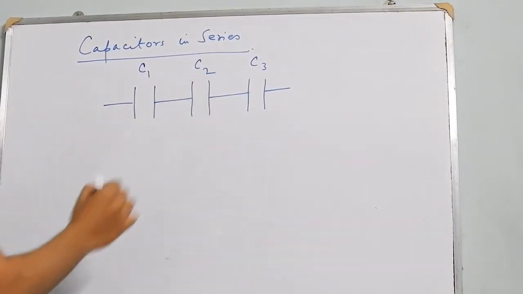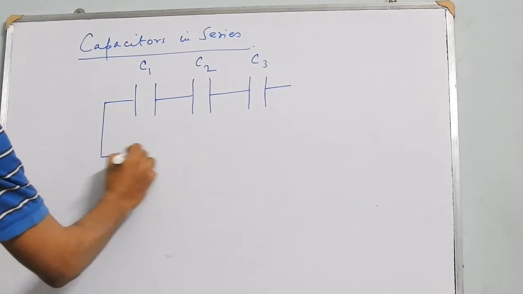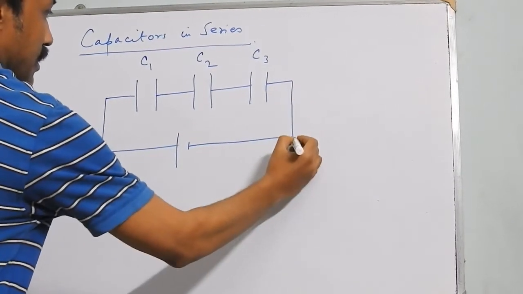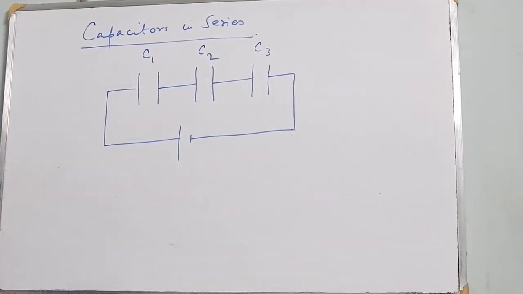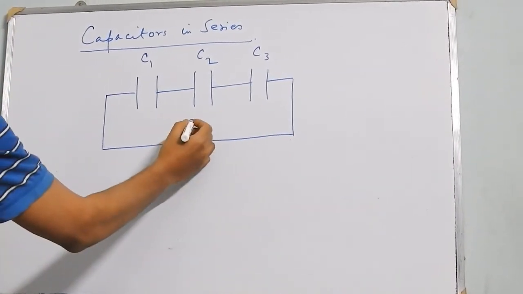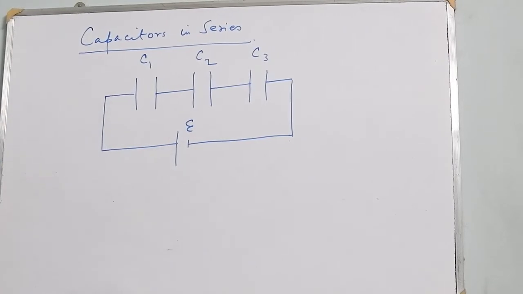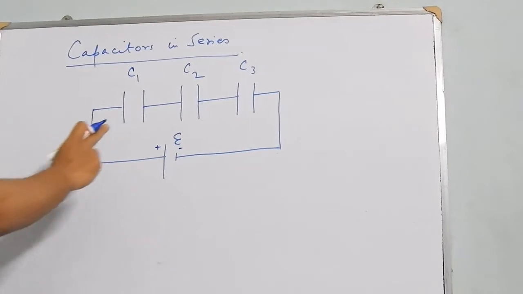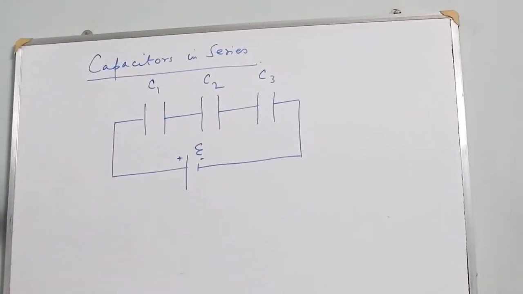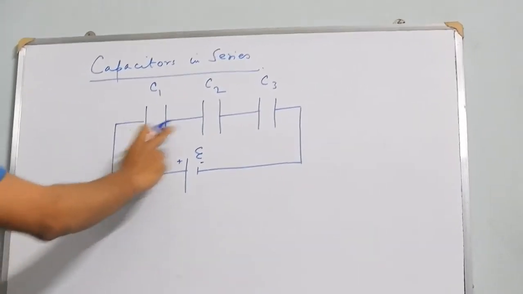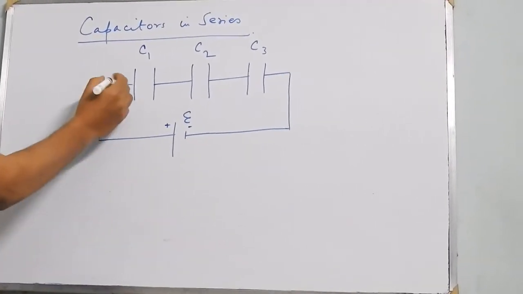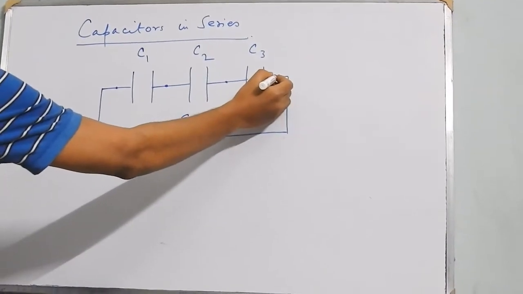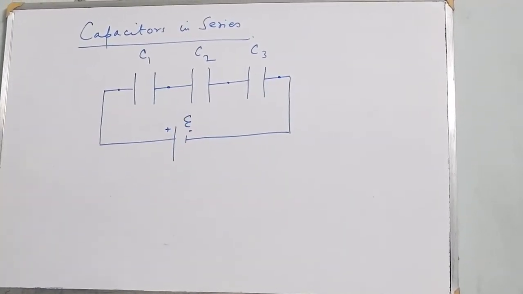Let this combination be connected to a battery and suppose the battery is of EMF epsilon. The capacitors will get charged, but because they are in series, potential difference at the ends of each capacitor will be different, but the same charge will deposit on them.